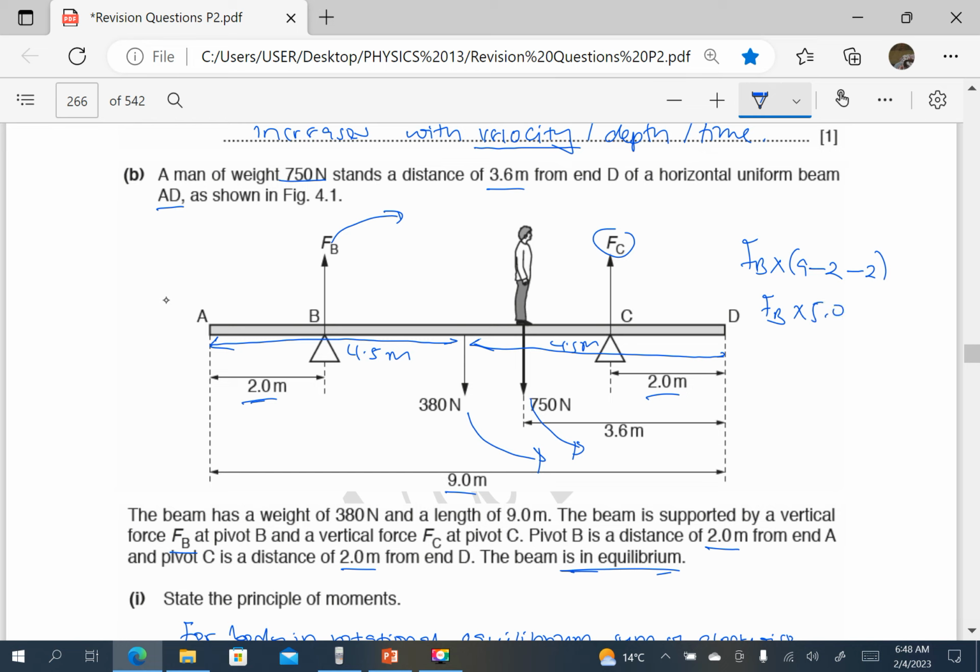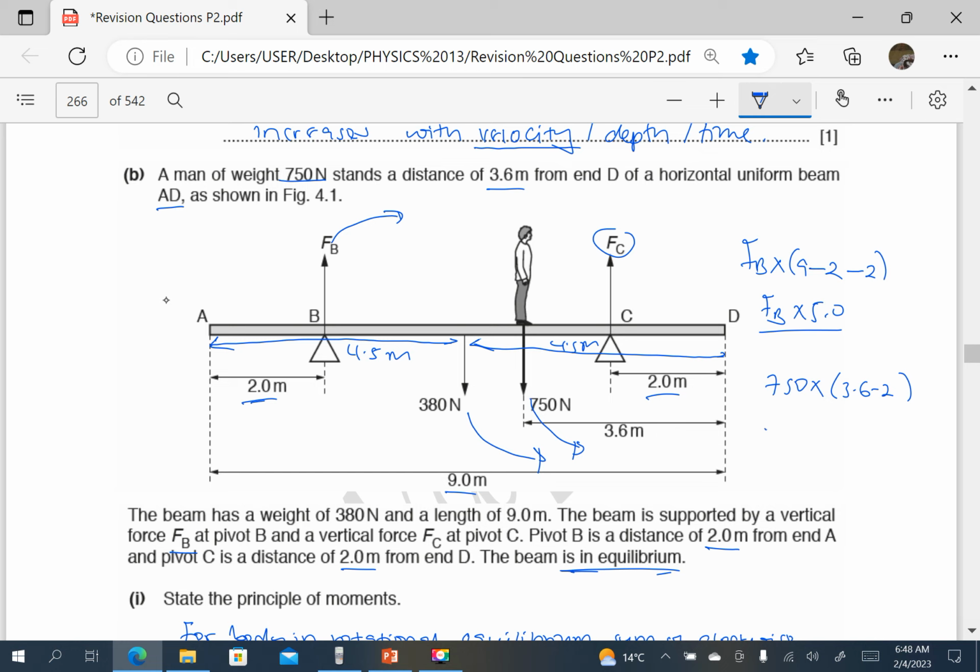That is clockwise. For anti-clockwise, we have 750 times its perpendicular distance, which is 3.6 minus 2. We want the distance always to the pivot, to point C.